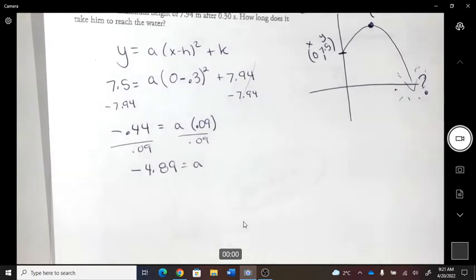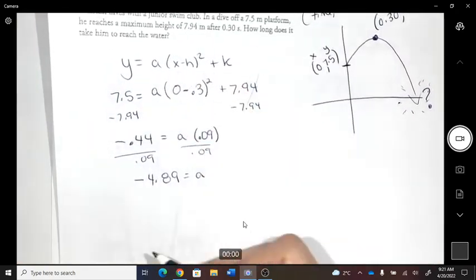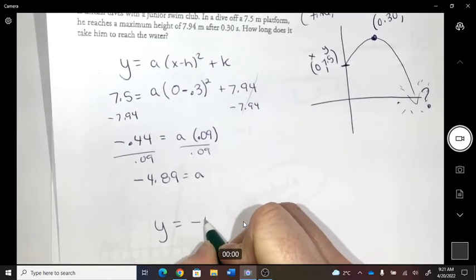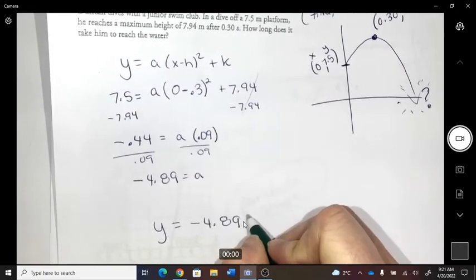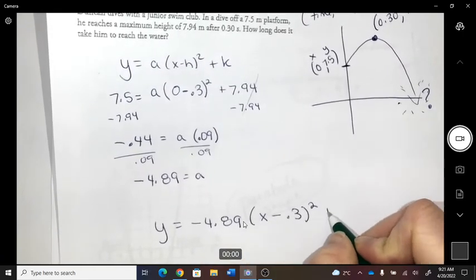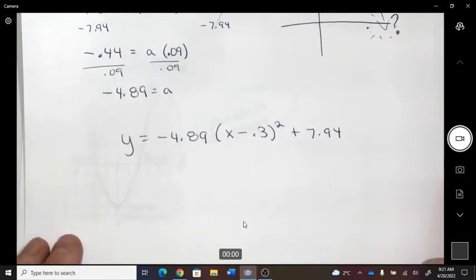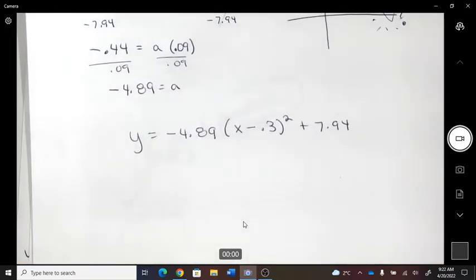Okay, so when I go to type it in, remember I'm going to leave the x and the y open now. So y equals negative 4.89 x minus 0.3 squared plus 7.94. So it has the vertex and the slope, and the x and the y are left open for my calculator.